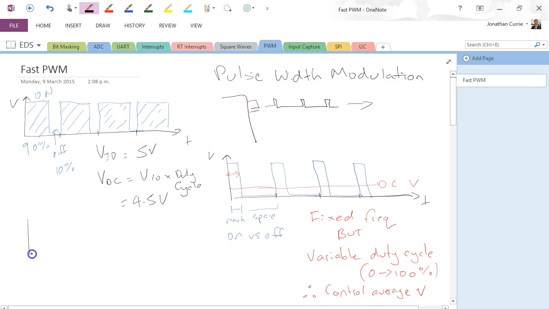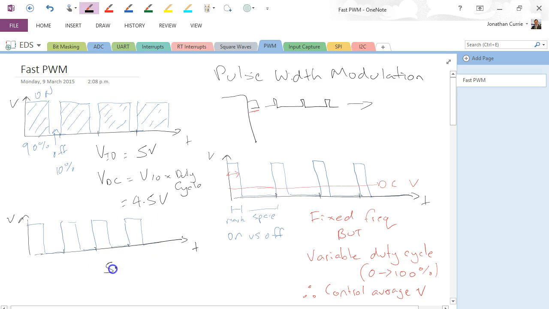Right, let's see that again. Voltage versus time, equal spacing, fixed frequency, remember, where we were on for 50% of the time and off for 50% of the time. Remembering that DC is nothing more than the average voltage.